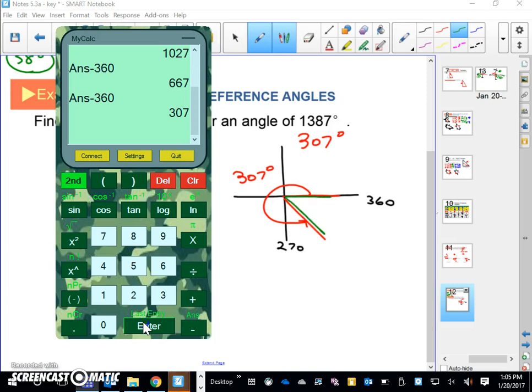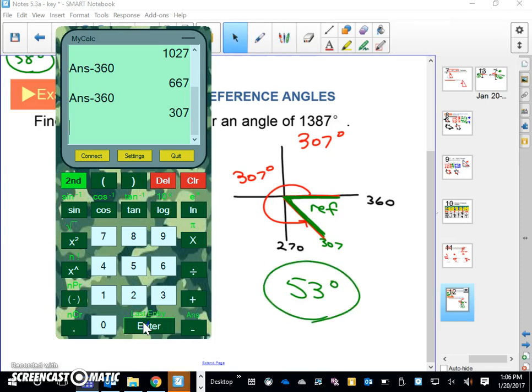I need to talk about this reference angle being the acute angle formed with the x-axis. And so the question becomes, how far from 360 are we? Anybody do that in your head? 53. That's it. The reference angle will be 53.